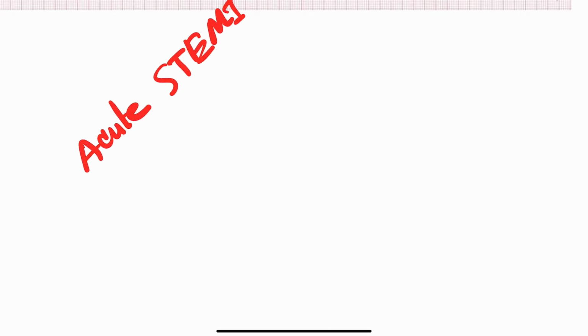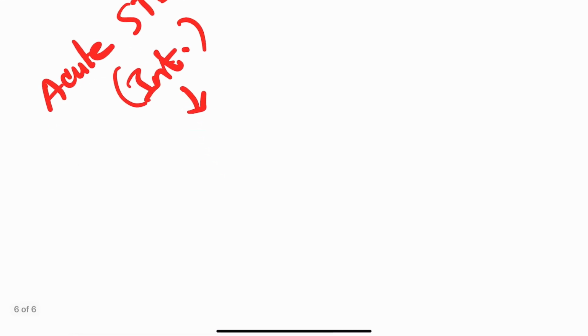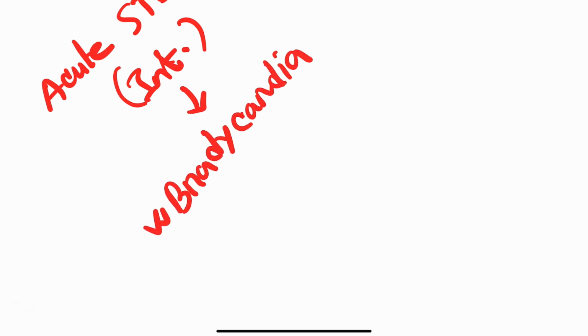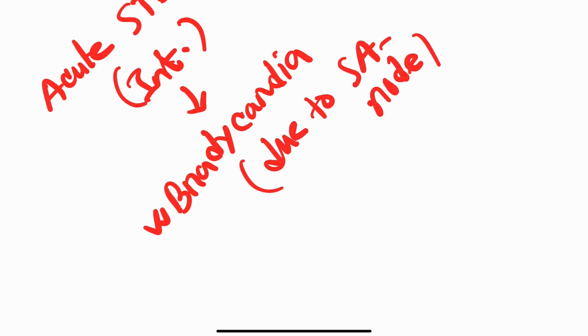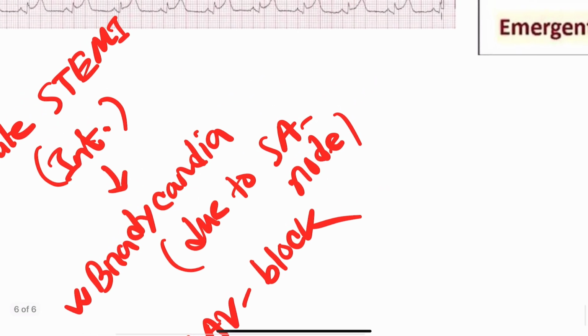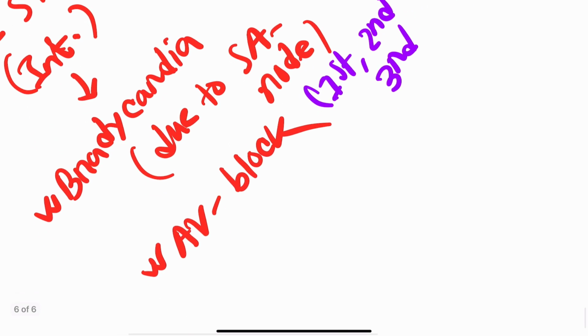So as a summary, in acute ST-elevated MI inferior, as a complication there may be bradycardia due to involvement of the SA node. There may be AV block, like first degree, second degree or third degree heart block, due to involvement of the AV node.